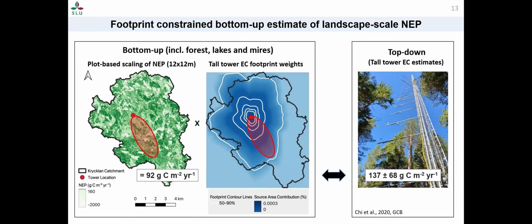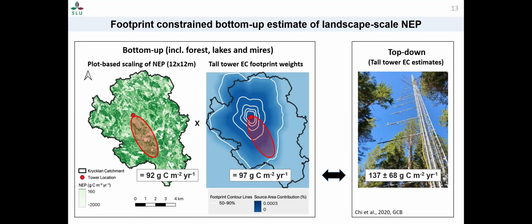So we scaled the contribution of each pixel according to the footprint information. And the result of this bottom up scaling suggested a carbon balance of 97 grams. A bit closer to the tall tower estimate, but really only a marginal improvement from the simple estimates.